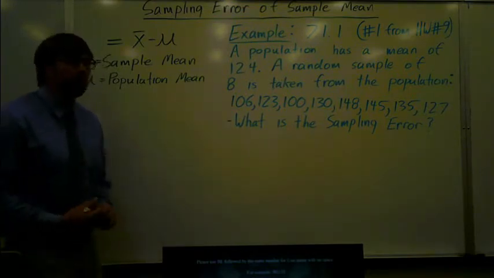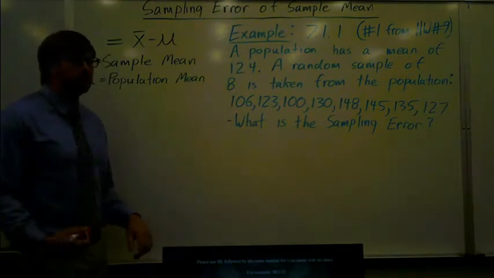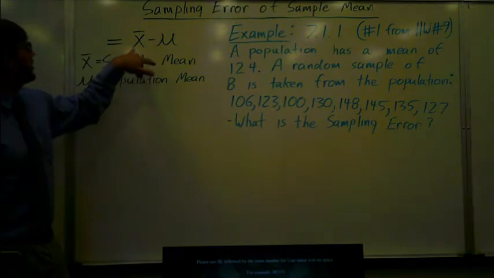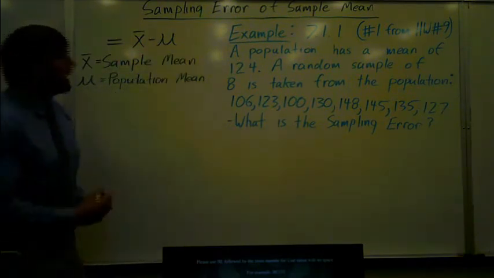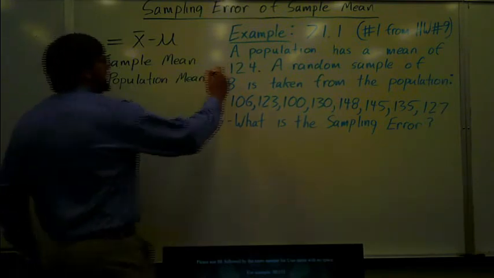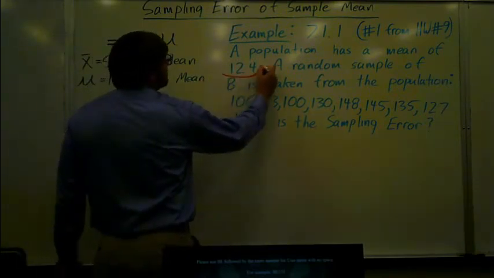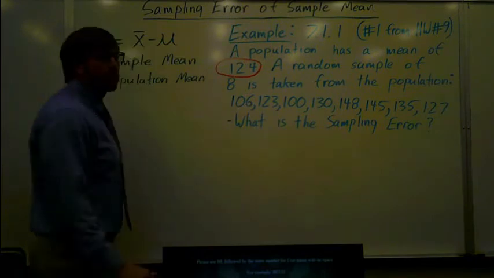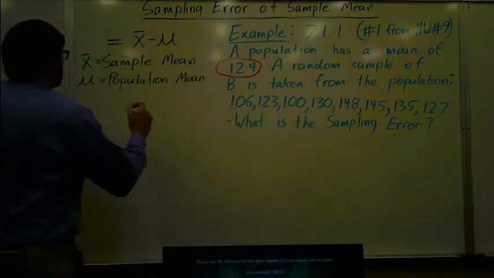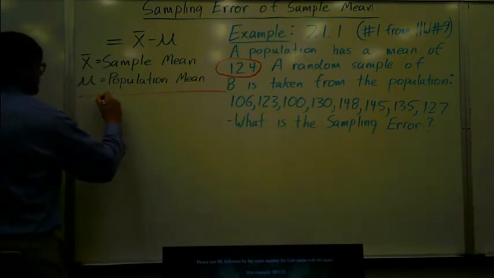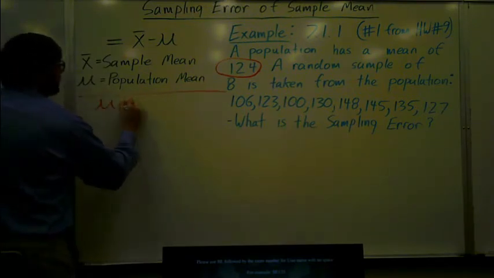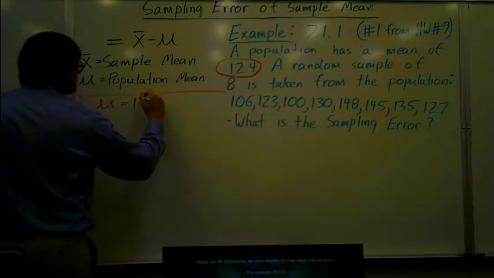To figure out the sampling error, we just need to know two values: the sample mean and the population mean. The population mean is given to us, and it is 124. So over here we'll say the population mean, mu, is equal to 124.